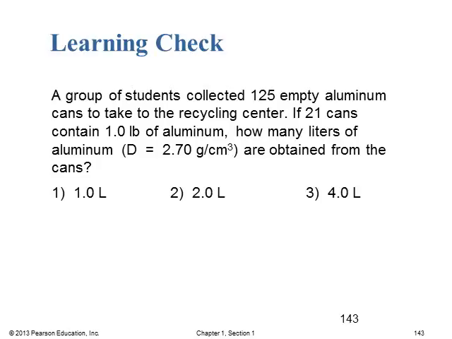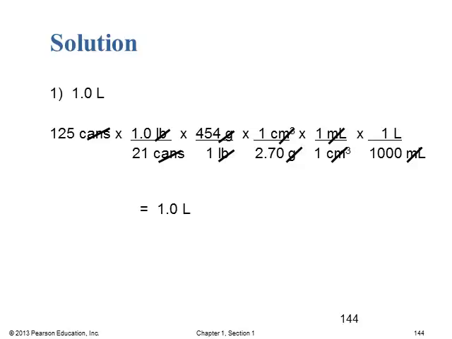We have a group of students collecting 125 empty aluminum cans to take to the recycling center. So if 21 cans contain 1 pound of aluminum, how many liters of aluminum, which has a density of 2.80 grams per centimeter cubed, are obtained from these cans? And we have these 3 different choices. And so we have several steps we need to go through.